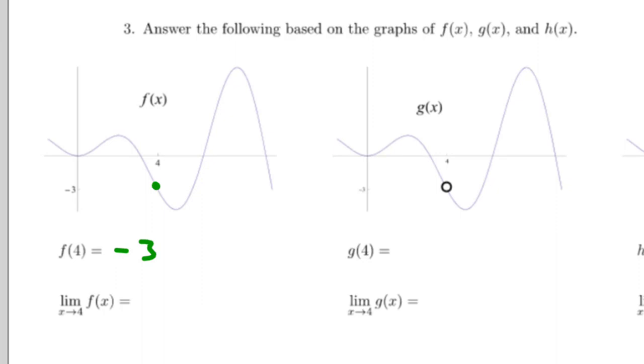Now, this next step is a completely different step. I want to look at the behavior of the function near x equals 4. So I'm going to take x values, like maybe this x value right there. That corresponds to this point right here on the graph, right? Which corresponds to what y value? This y value right there.